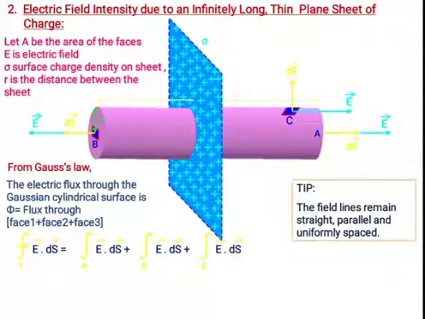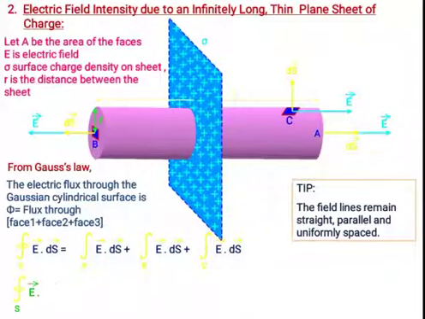Face 2 means at B, that is E ds, integration for the closed surface. Similarly from the point C, E ds. So the total flux phi is the summation of all these three fluxes.